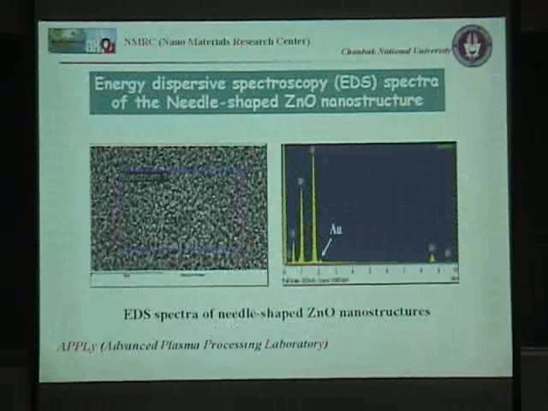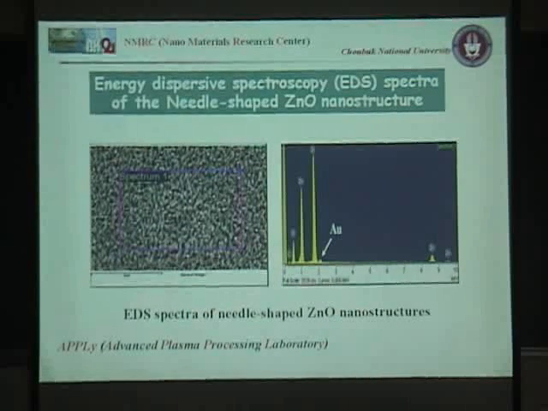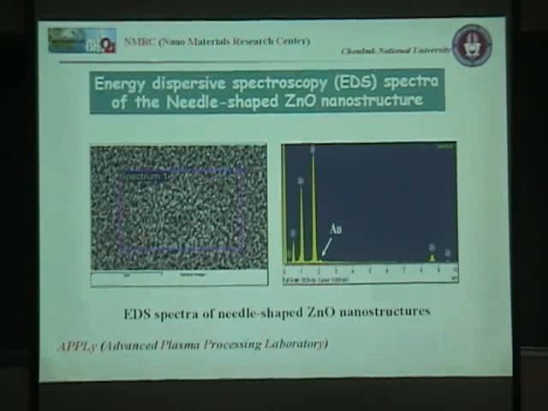The composition of these zinc oxide needle-shaped nanostructures was observed using energy dispersive spectroscopy. From these spectra, we can see that these structures are also composed of only zinc and oxygen, while the carbon and silicon signatures are because of the substrate and the carbon signature on the grid.